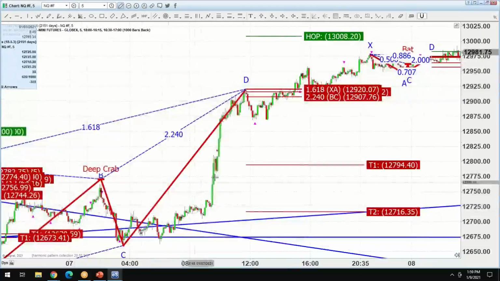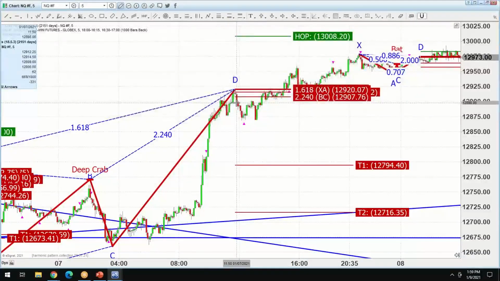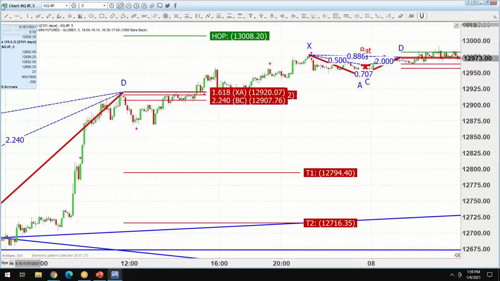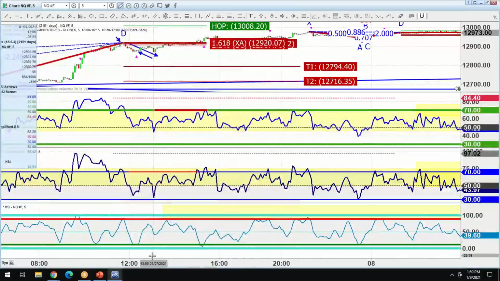Here's a beautiful deep crab, folks. And look what happens. You get a pink arrow right there going in the counter trend direction. Your completion is there. Little reaction move. All right, and here's the indicator right here.